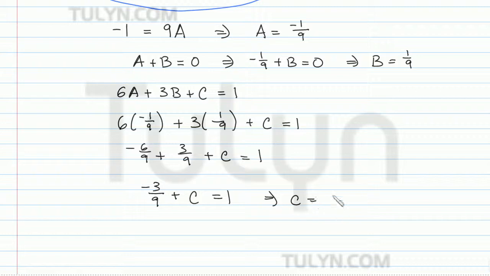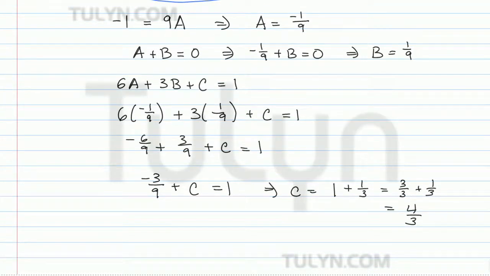So C is equal to 1 plus 3 over 9, which we can reduce to 1/3. So C is equal to 1 plus 1/3, and then finding the LCD, which is 3, this becomes 3/3 plus 1/3. So C is equal to 4/3.